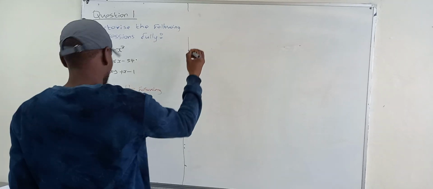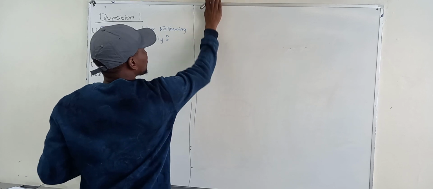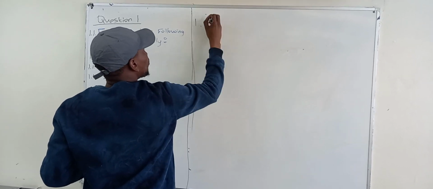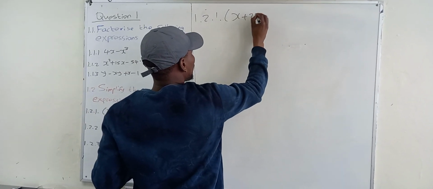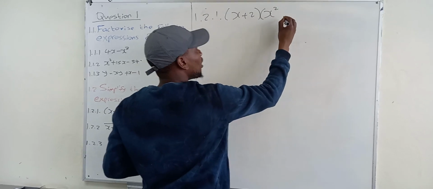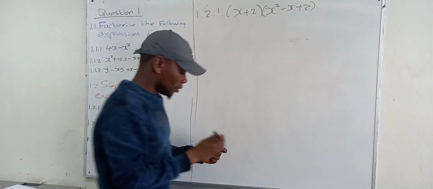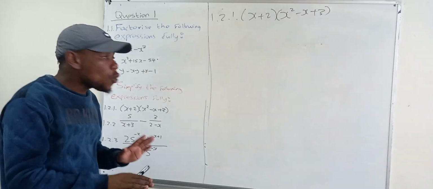We have 1.2.1. It's x plus 2 into x squared minus x plus 3. So they say simplify the following expressions fully.